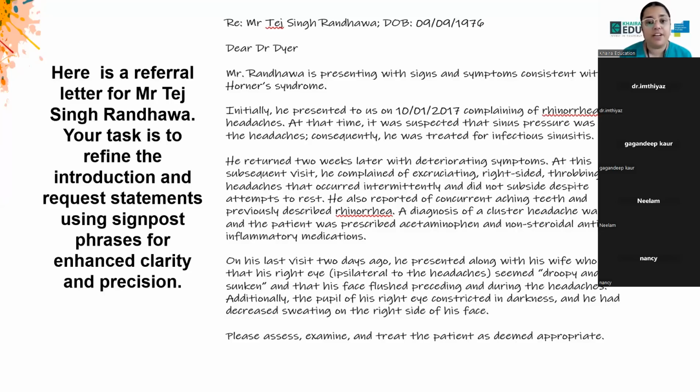I'm writing to refer is fine, Dr. Imtiaz, for the first introductory paragraph. I'm writing in regards to Mr. Randhawa is absolutely fine for the beginning. Yes, Akash, again, for the beginning, these are absolutely fine. Dr. Yalpa says, yes, the purpose of this letter is to request. Absolutely correct. These are setting the context on what the paragraph is going to be about. So clear, quite clear.